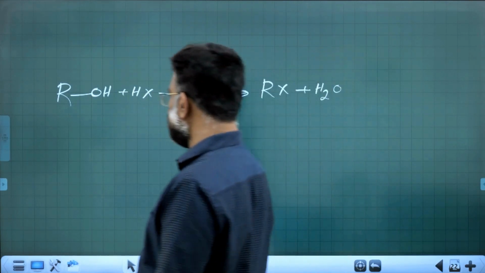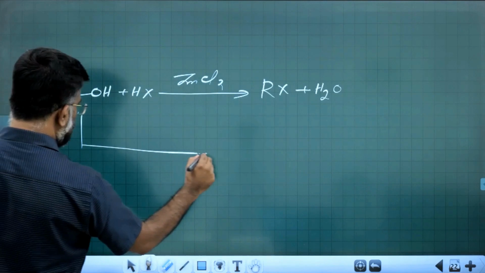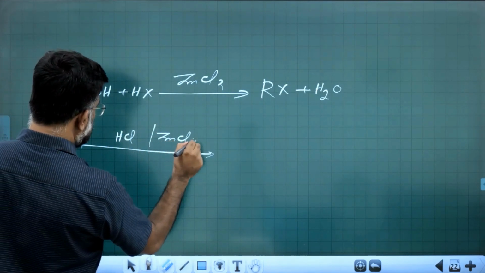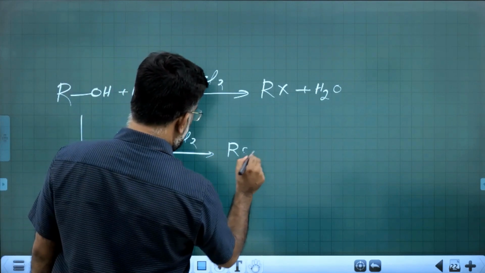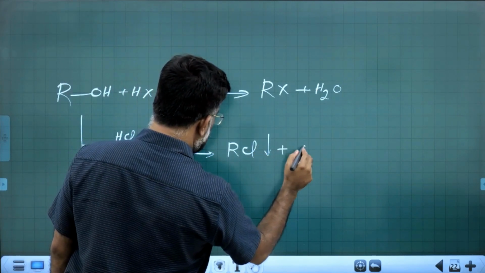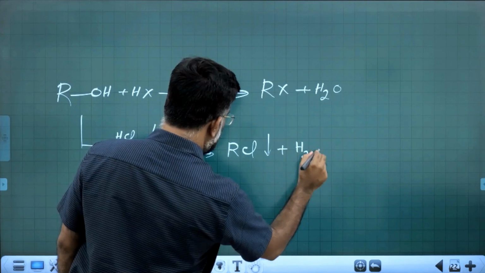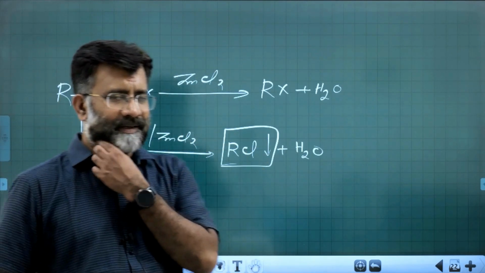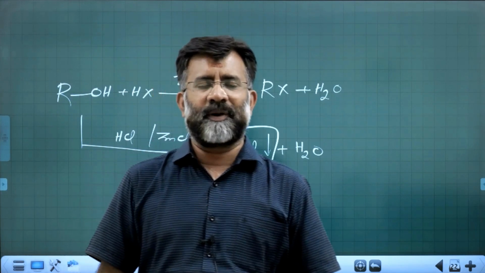For example, ROH when treated with HCl and anhydrous zinc chloride, you get RCl precipitated as a turbidity in aqueous medium. You get a white turbidity, and this in fact is used as a test for alcohols.